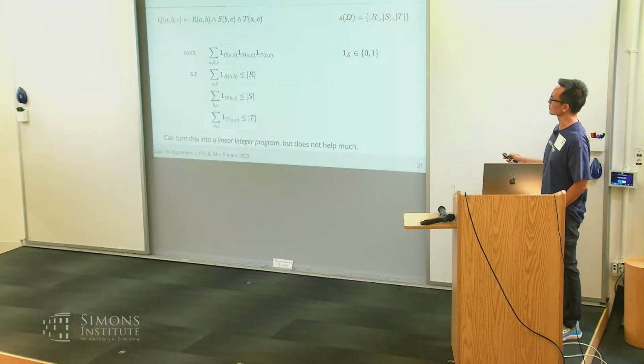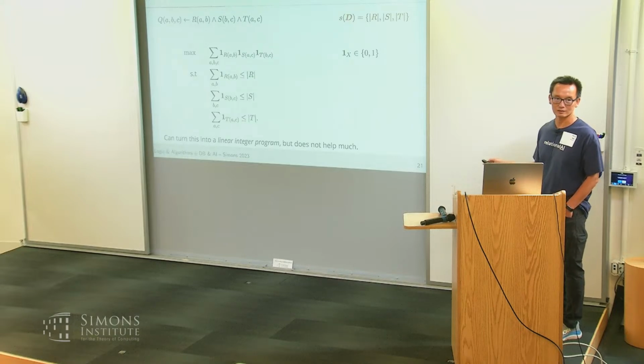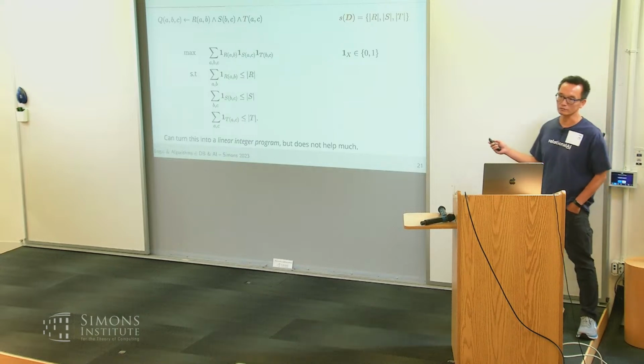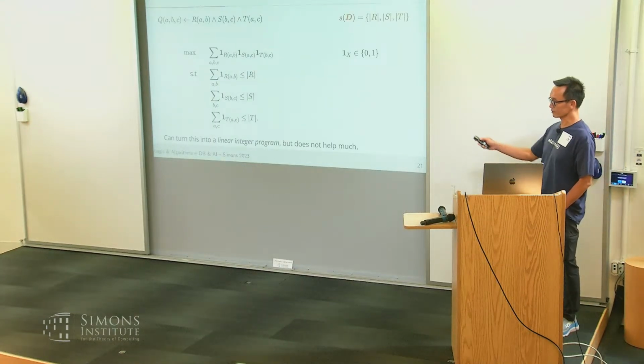I guess you could do this here because you know that the active domain of these relations is bounded by R, S, and T. So by an isomorphism argument, you can assume that A ranges from 1 to the size of R and so on. So you can make some kind of assumption to set it up. But in general, it seems to be pretty hard to do. Okay, so that's the combinatorial bound.